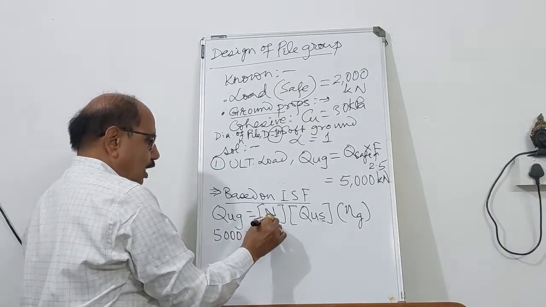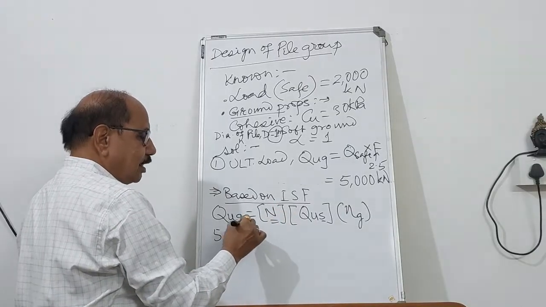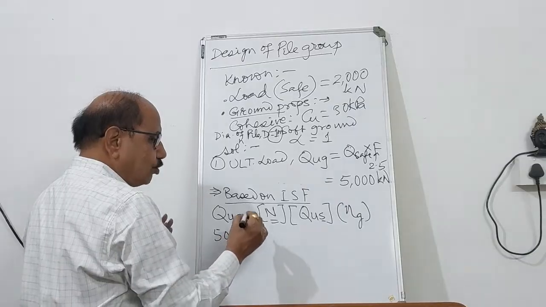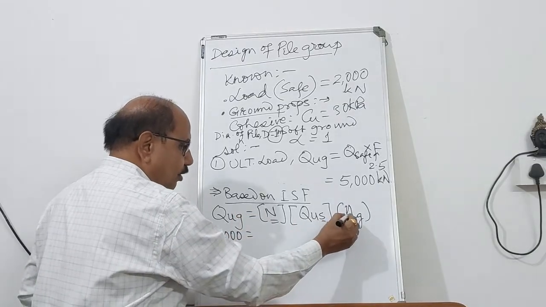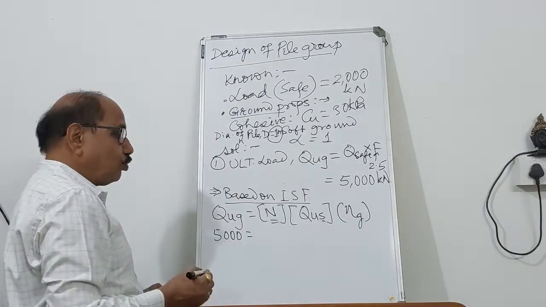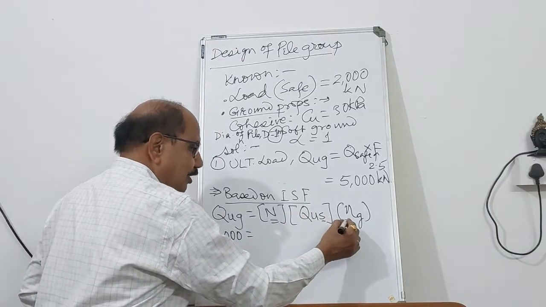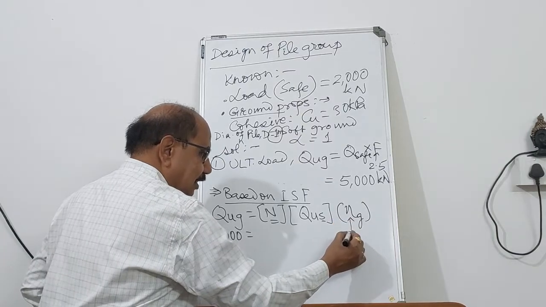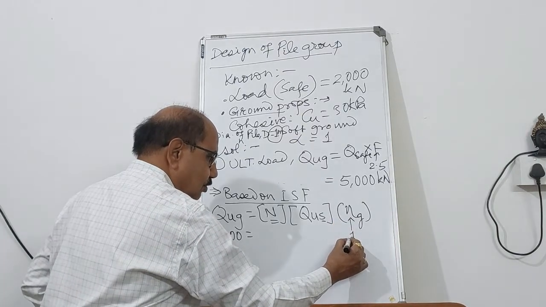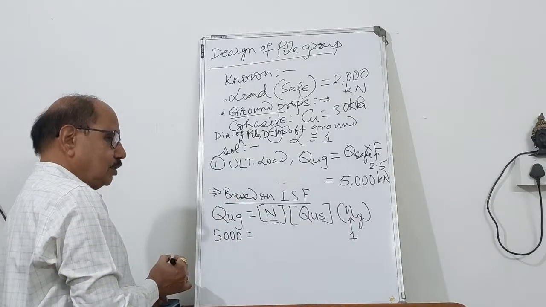Now, unless you know the number of piles and the configuration of the pile group, the pattern of the pile group, you cannot find out eta G. So how to proceed? You will have to assume initially that eta G is unity. This is our first assumption.